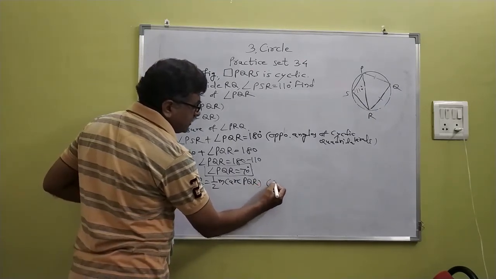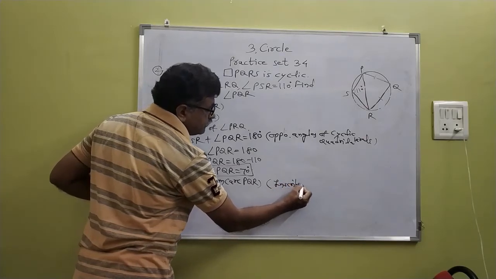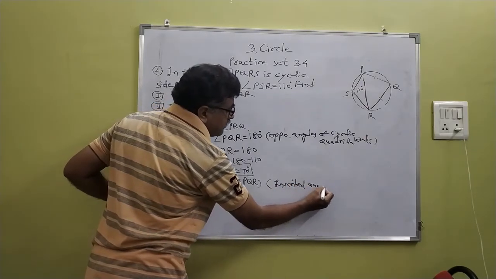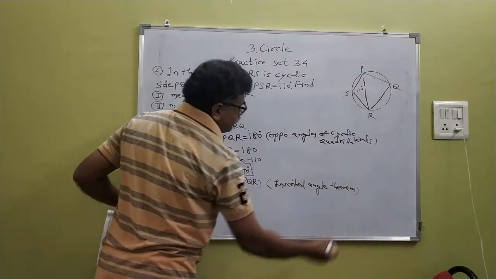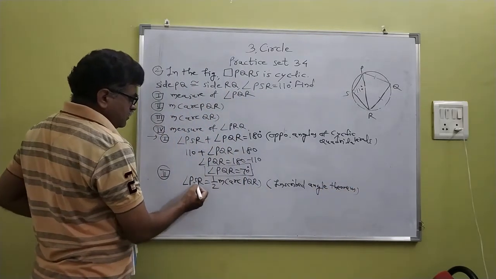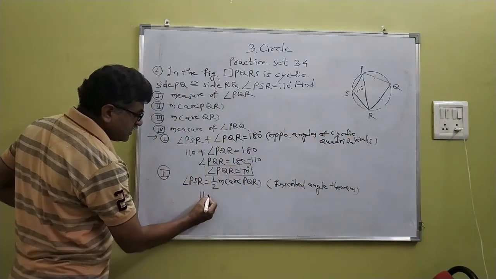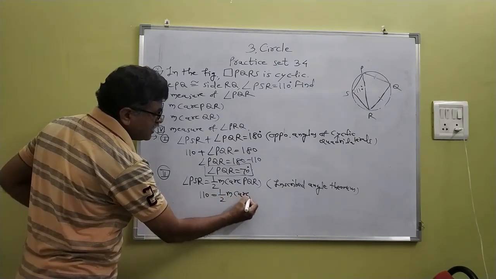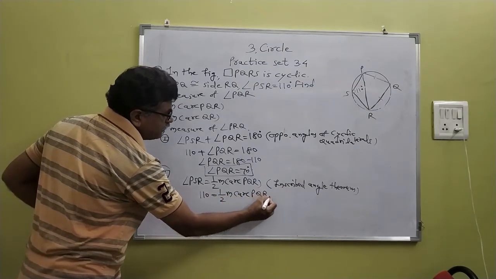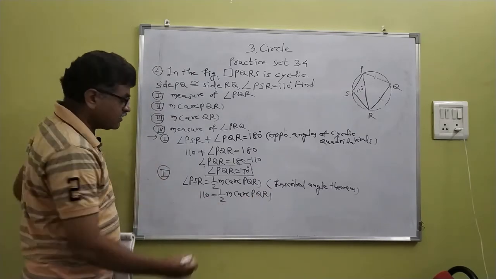Write down in brackets: inscribed angle theorem. Now put the value of angle PSR: 110 is equal to 1 upon 2 the measure of arc PQR. Write this down for the measure of arc PQR.